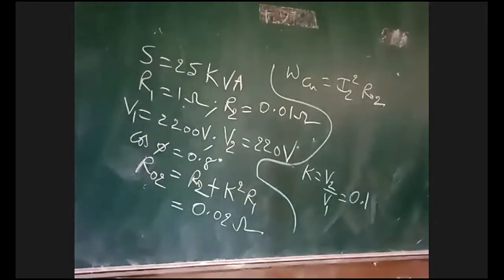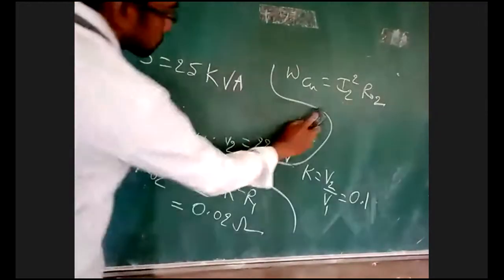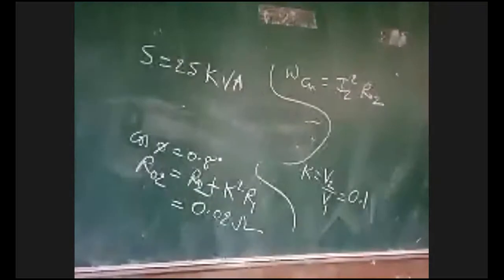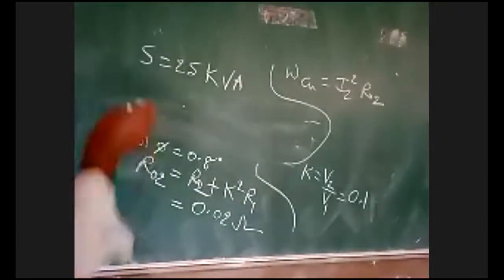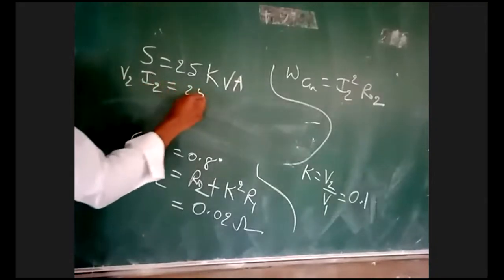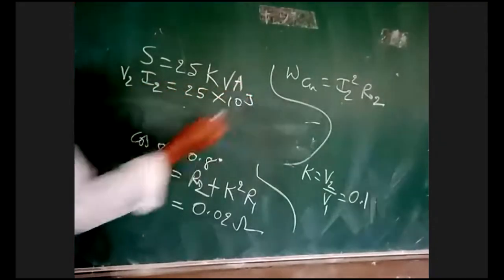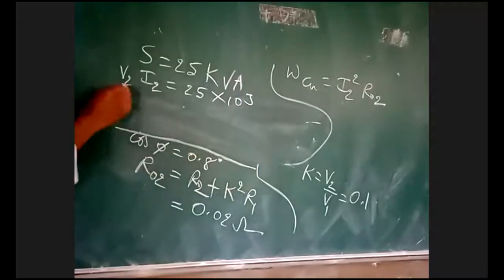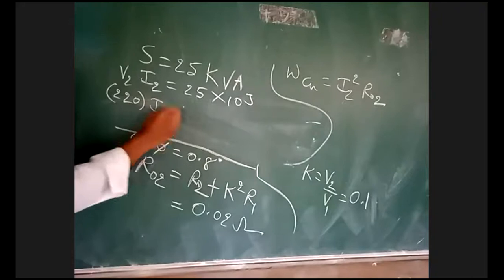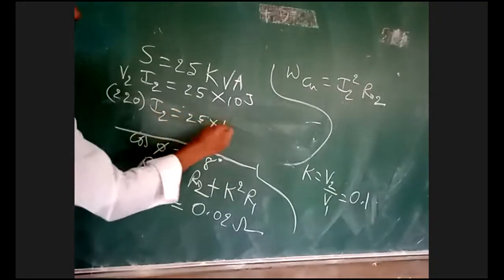Now see here, I know the value of R02. How will I get I2? S is equal to V2 I2. 25 into 10 cube, V2 is 220.